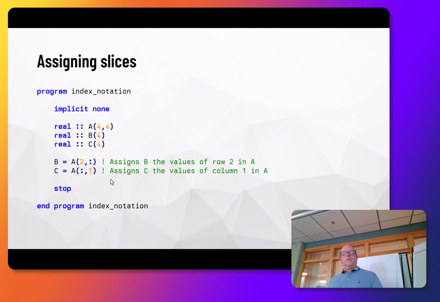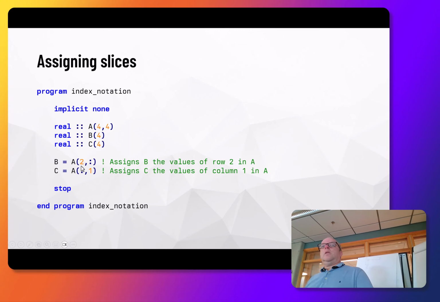You can also assign slices. So I have a 4x4 here, and I have 2 one-dimensional arrays, 4 and 4. And what I can do then is B, which is a one-dimensional array with 4 elements.